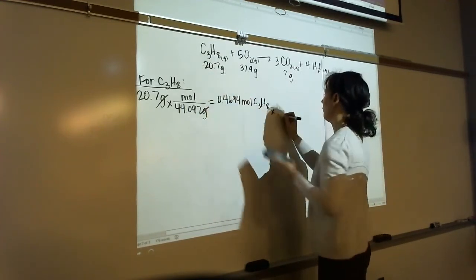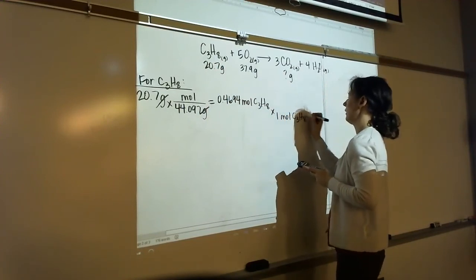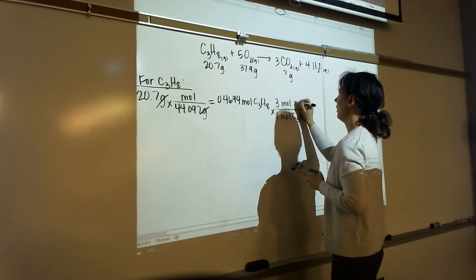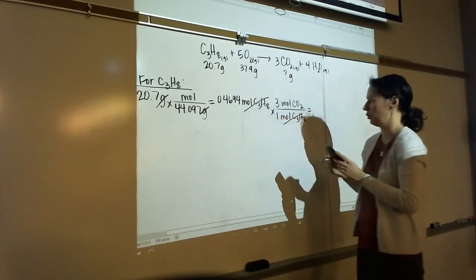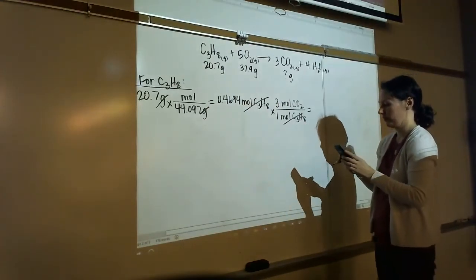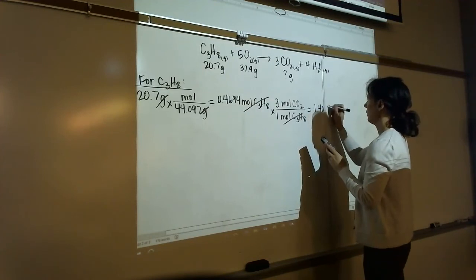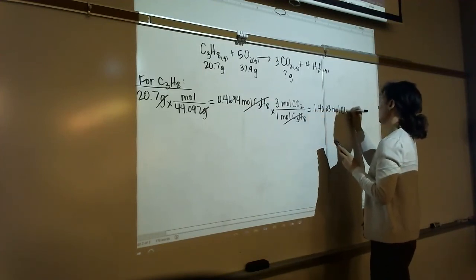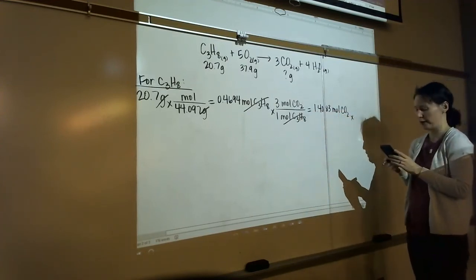For every 1 mole of propane that I use, I produce 3 moles of CO2. So I take my answer and multiply it by 3. So that gives me 1.4083 moles CO2.